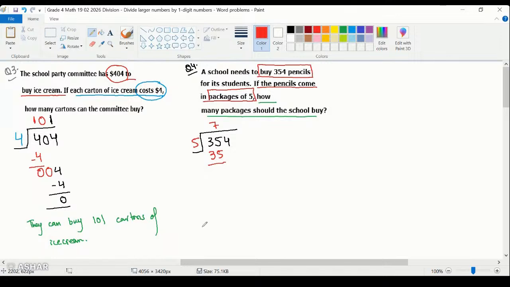If 5 times 7 was 35, then 5 times 70 should be, we simply put a 0, right? And we are left with 4. We can say we bought 70 packets, right? But 4 pencils are still left. So these 4 pencils also have to go in one packet, right?